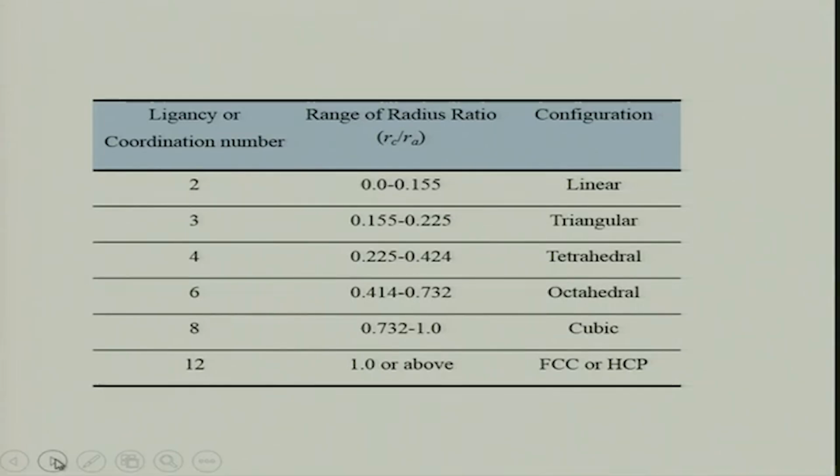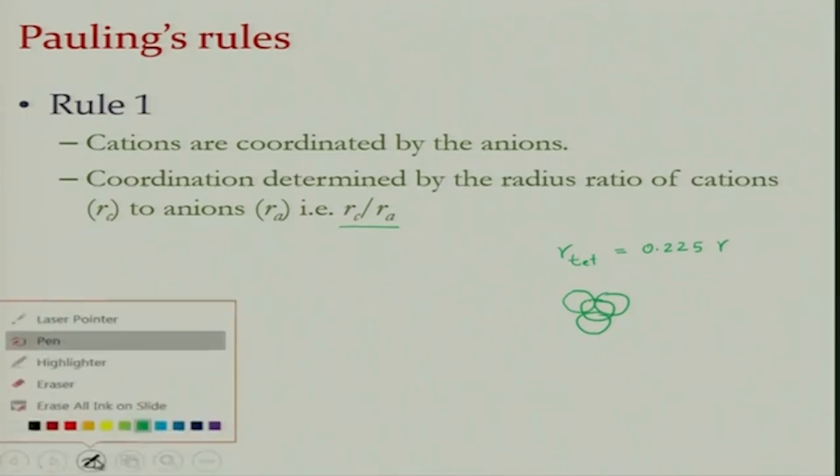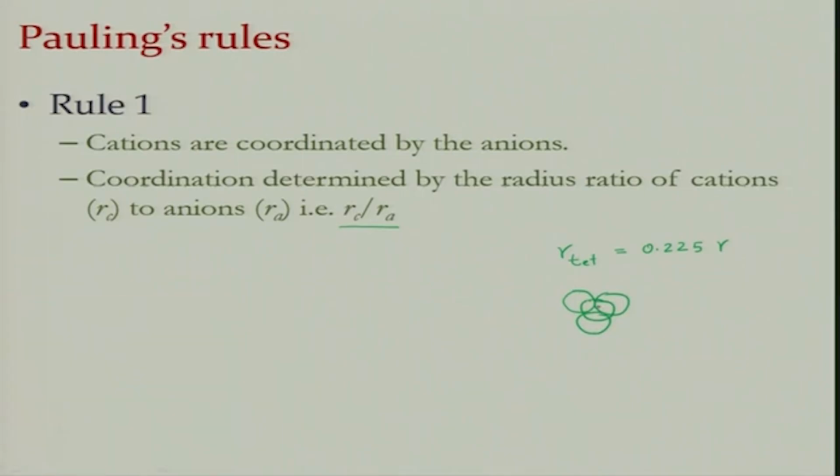As we saw earlier, the tetrahedral coordination gives you R tetrahedral as 0.225 R, but this is strictly valid only when all the atoms are touching each other, and in between I put a cation.